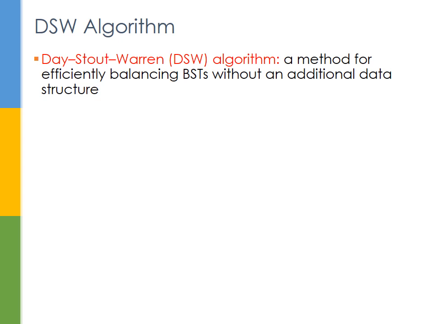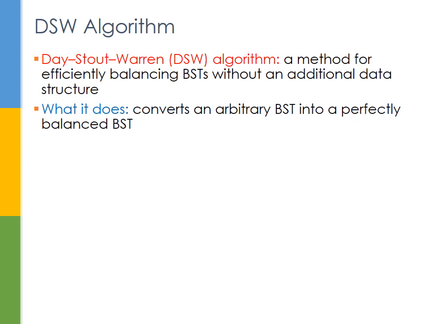So we don't require something like a list or an array to contain all of the values that will be inserted into the tree. What the DSW algorithm does is it starts with an arbitrary binary search tree. This tree does not have to be balanced, it can be completely unbalanced, and then it converts this tree into a perfectly balanced binary search tree.